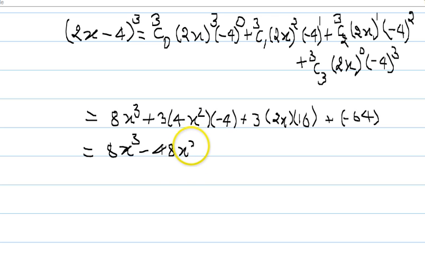And then the next term, 16 times 2 times 3, is going to be 96, so I'll write 96x, and then minus 64. So this is how we are going to use the binomial theorem in the expansion of these questions.